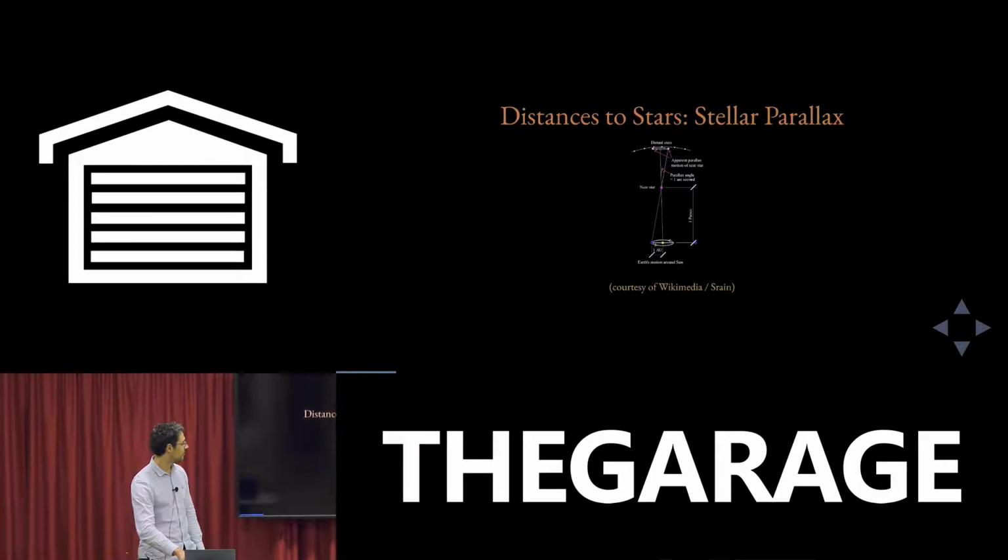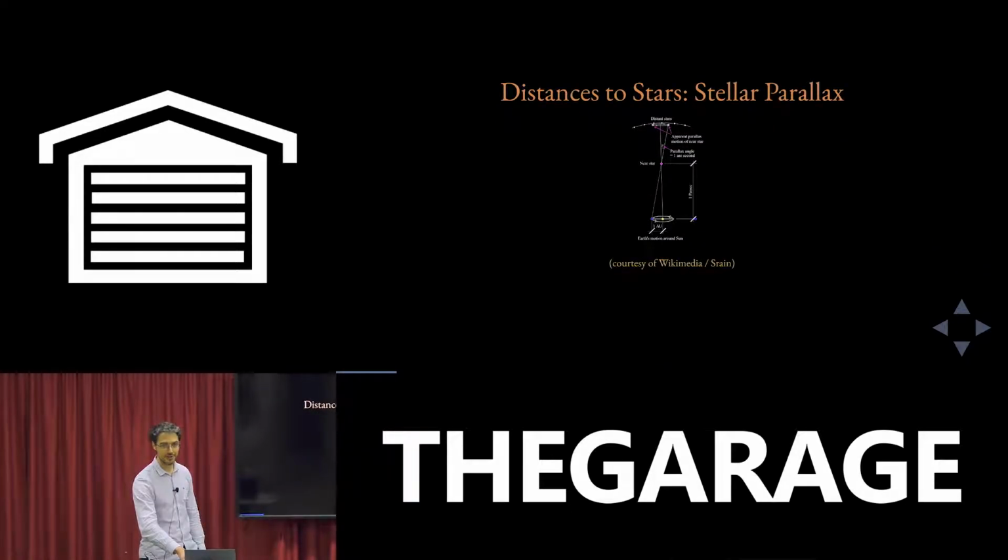So now we know how large the solar system is, but how do we know how far away anything else is? So the way that you do that is that you look at the parallax shift of stars. So just as Venus appears to shift over the sun if you move up and down on the Earth, we're orbiting the sun, and so we go around once a year, and our vantage point to the distant stars changes by a small amount.